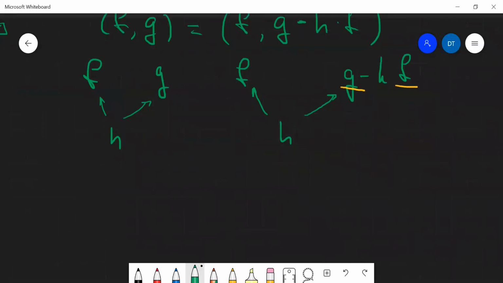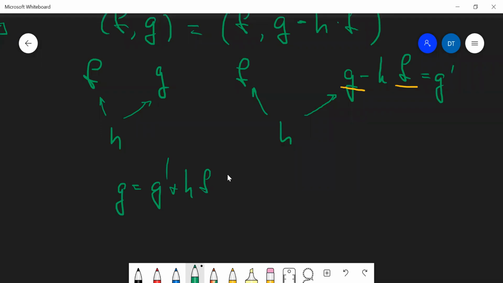And vice versa. If you denote this polynomial as g prime, then g equals g prime plus hf. So if h divides f and g prime, then by exactly the same argument, there is the same h.